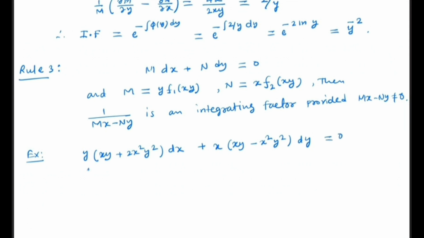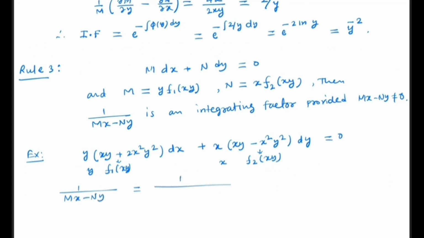So note that here we have y times f1(xy) and this is x times f2(xy). So by this rule number 3, the integrating factor will be 1/(Mx minus Ny).